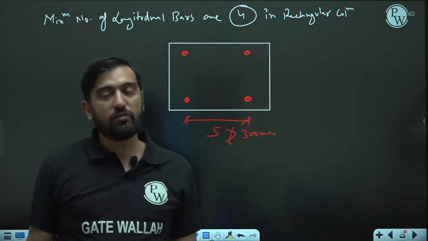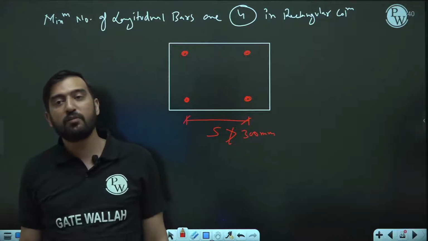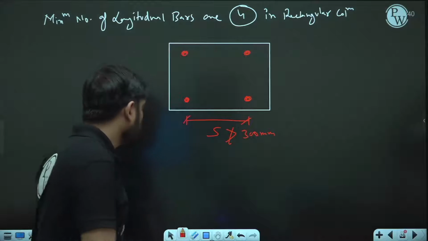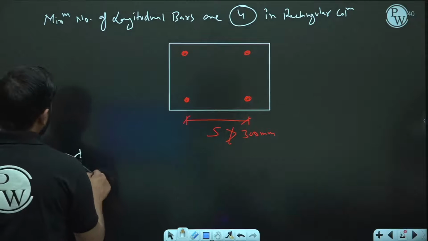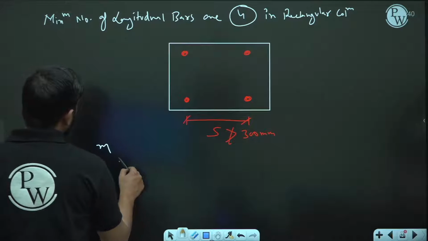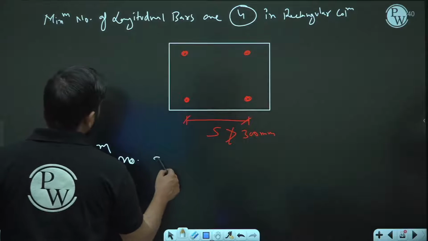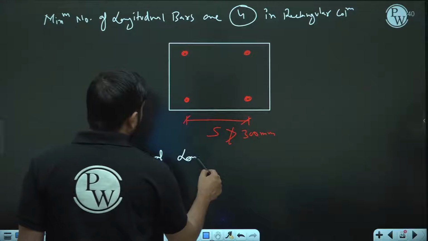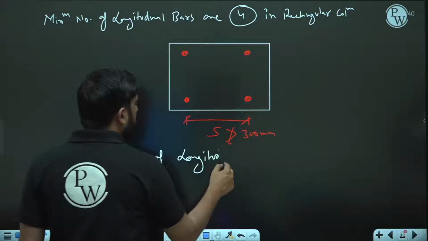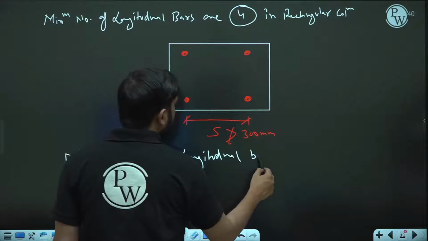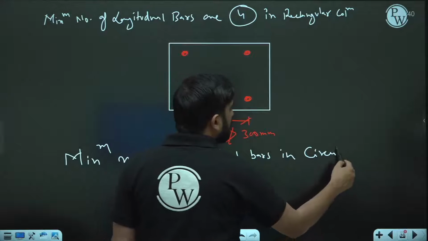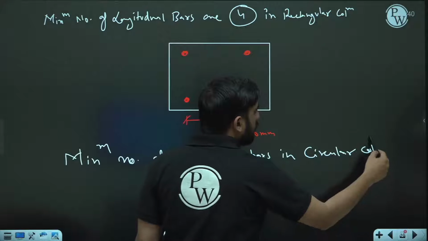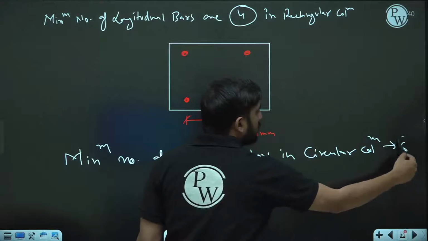So in that case we need to provide at least 6 number of bars. Similarly, if we are talking about circular column, the minimum number of longitudinal bars is going to be equal to 6.